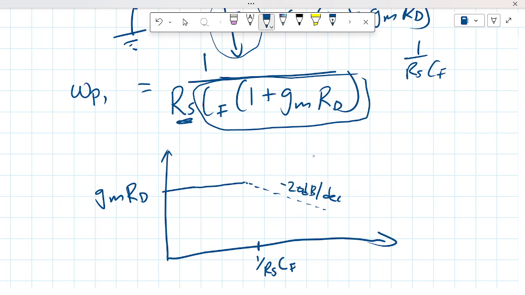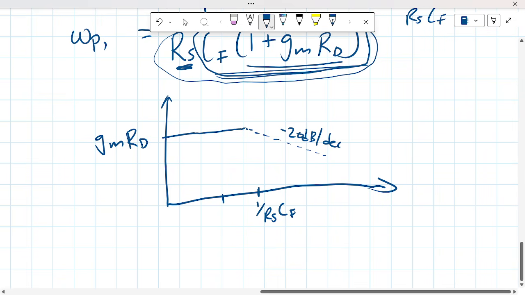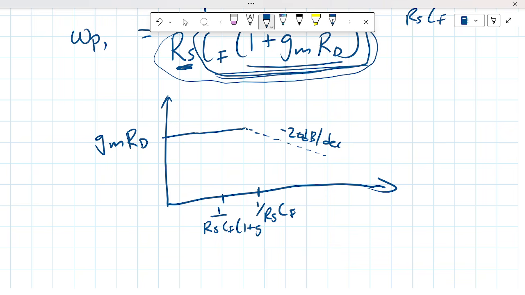By this time, Miller's effect means that the input capacitance has increased, and this term will now go further because we are increasing the denominator by a factor of 1 plus GMRD. We are going to have 1 over Rs Cf boosted by 1 plus GMRD, and that means that our bandwidth will be reduced. By bandwidth, I mean the effective frequency range where the gain is not reducing.